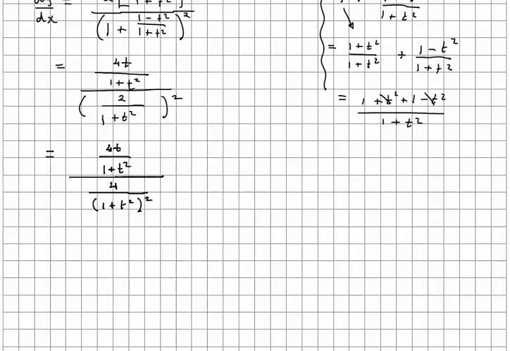Okay, now I spot that I can clear the stacked fractions here by multiplying above and below by 1 plus t squared, so (1 plus t squared) all squared will clear my fractions above and below. So it knocks him out, leaving one of those behind.